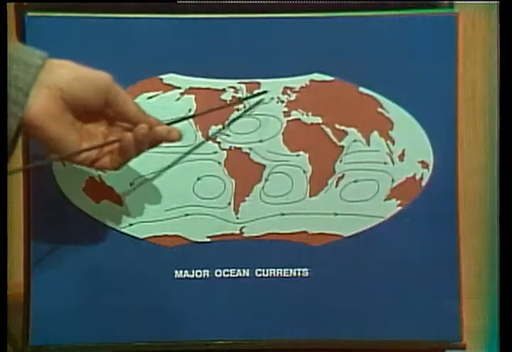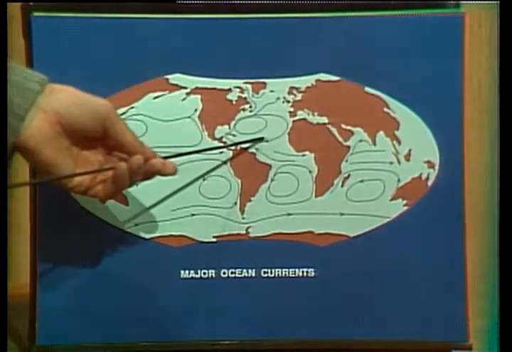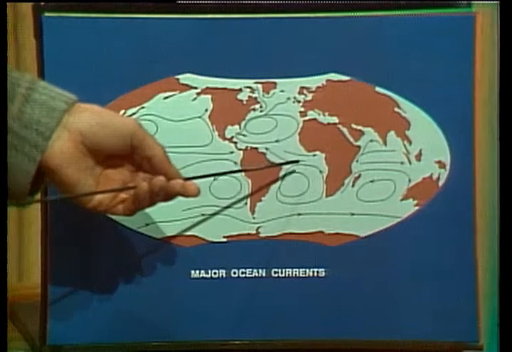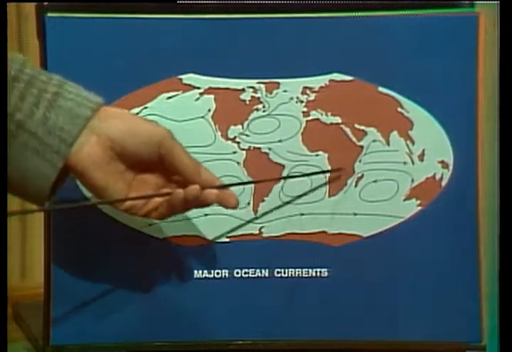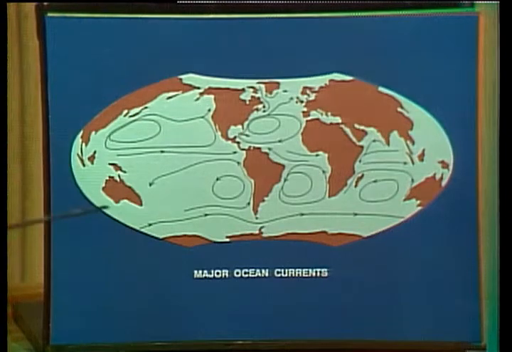So let us look first of all and refresh our memory of the ocean currents, the wind-driven ocean currents. If we remember, the winds create large gyres, one in the North Atlantic rotating clockwise, the other in the South Atlantic rotating counterclockwise, one in the Indian Ocean, one in the North Pacific.